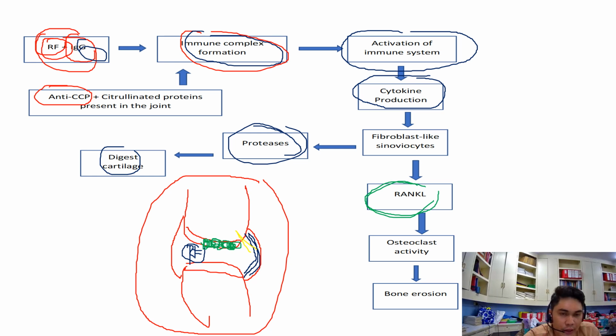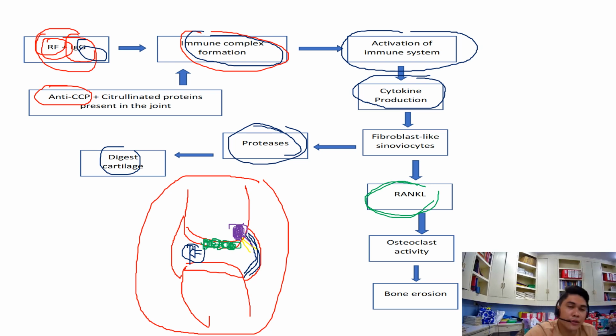So you have increased osteoclast activity, so in the bone you have digestion or breakdown of your bone, so there is bone erosion. That's why it's classified as erosive arthritis. There is bone erosion due to increased osteoclast activity.